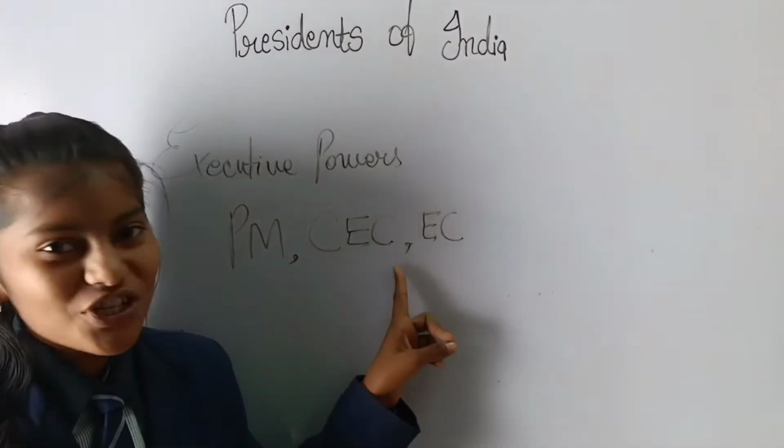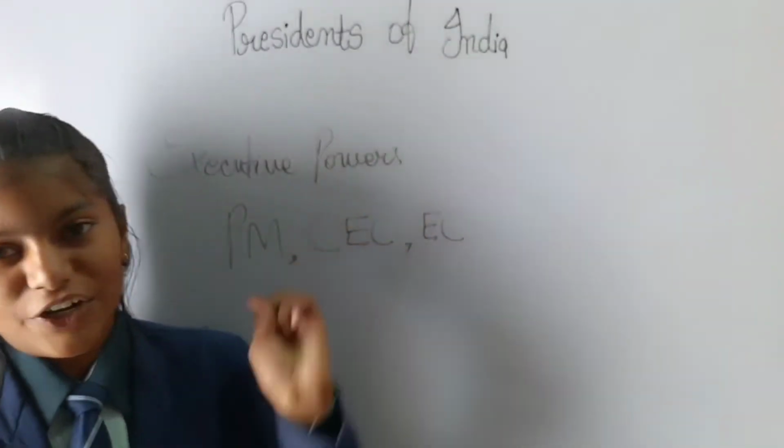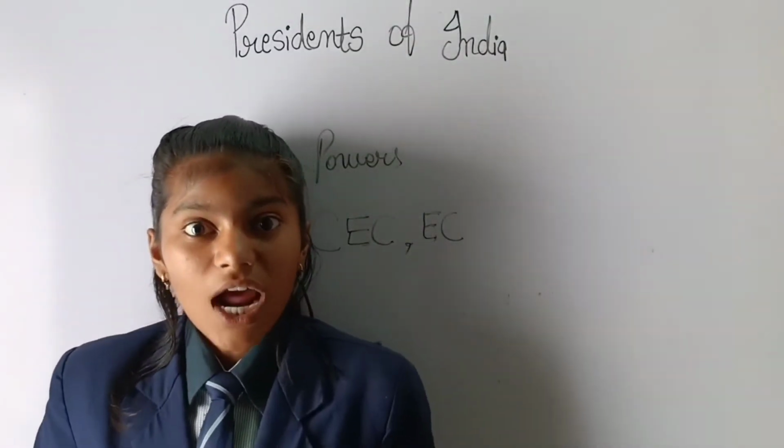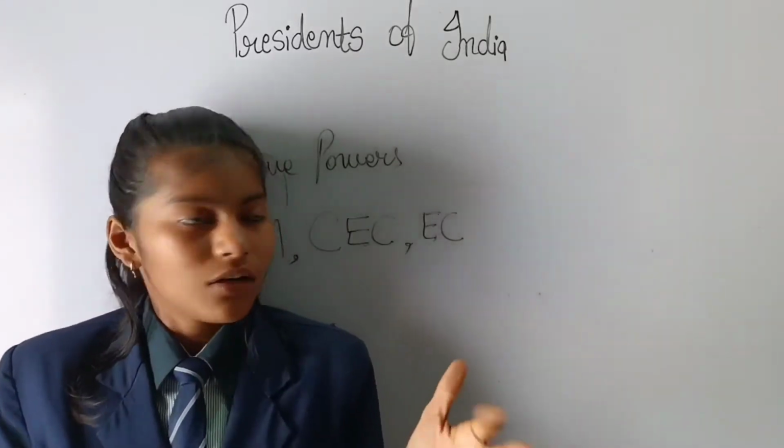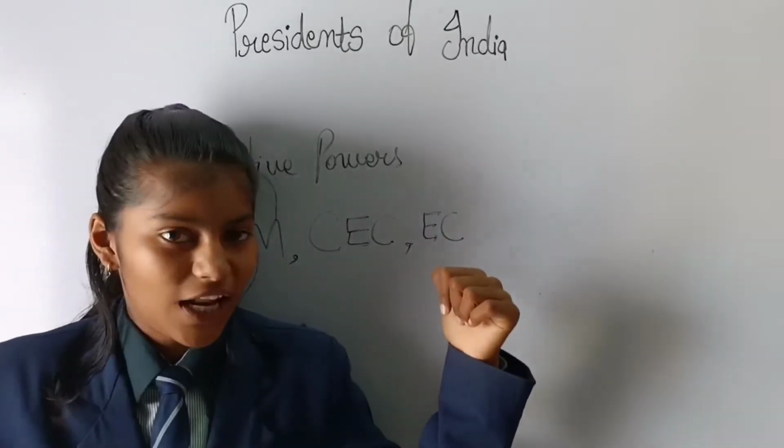So what are these? The Chief Election Commissioner and Election Commissioners are appointed by the President of India. The Chief is the main head, and after that, the subordinates are the Election Commissioners.